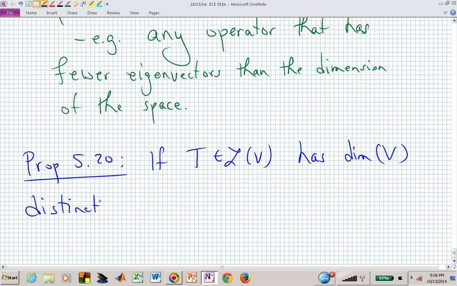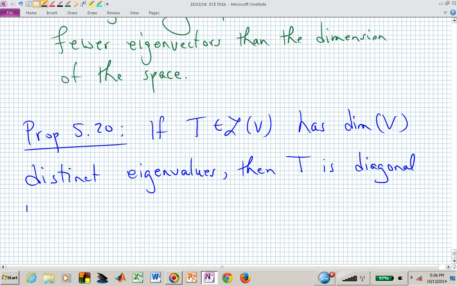distinct eigenvalues, then this linear map or linear operator T is in fact diagonal with respect to some basis.